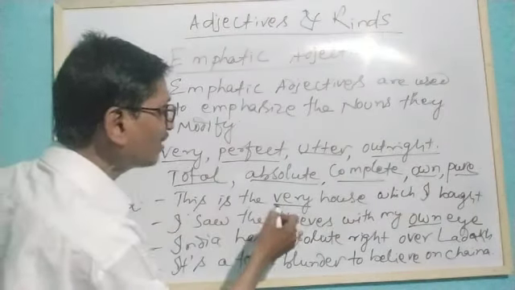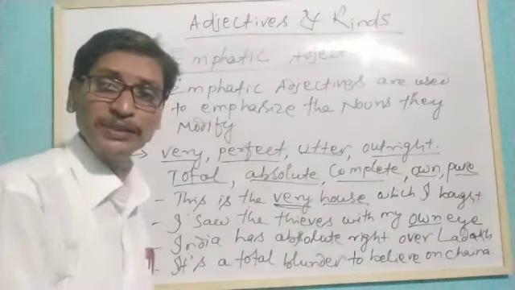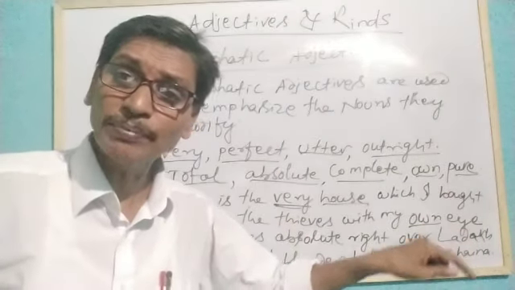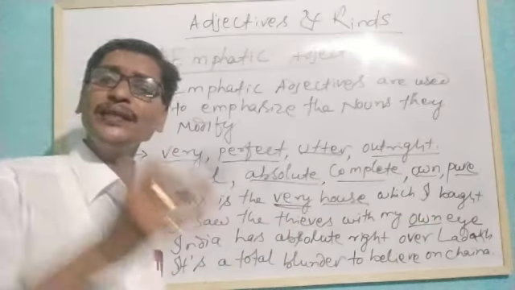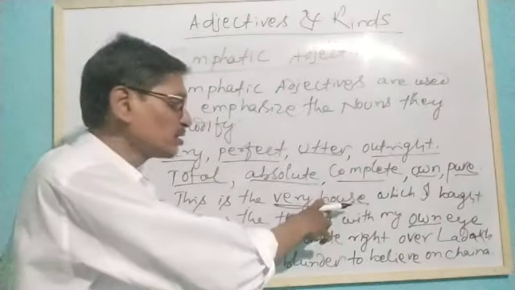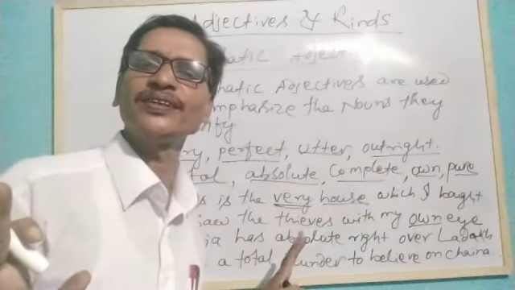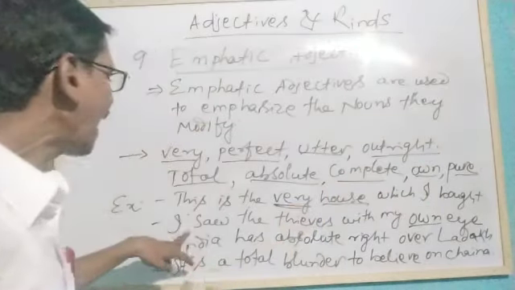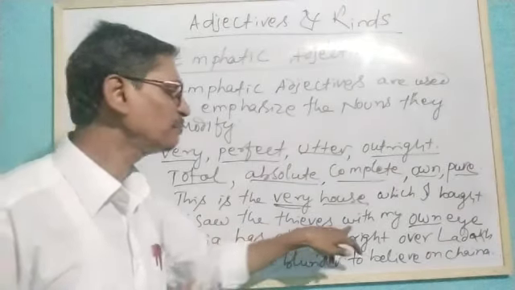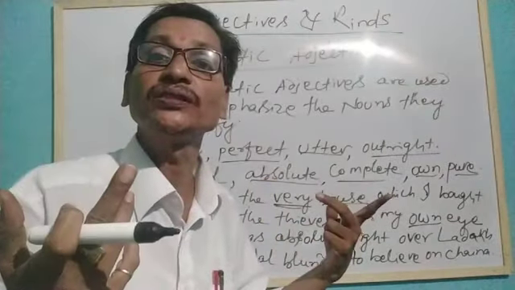This is the very house. That means this is the particular house. We are emphasizing this particular house. So here very is emphasizing this particular house which I bought. This is the very house which I bought. I saw the thieves with my own eyes.